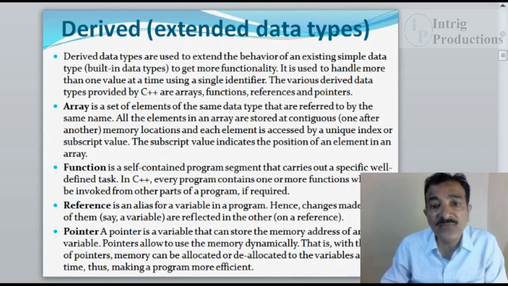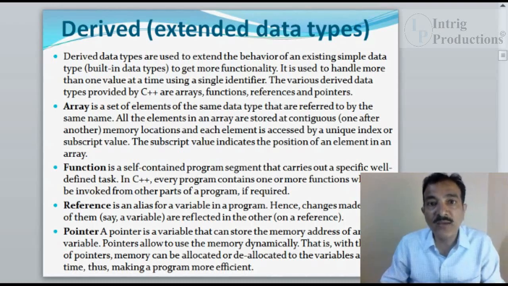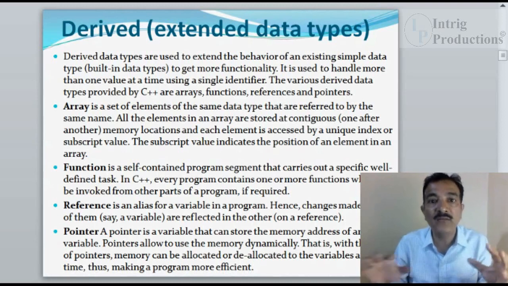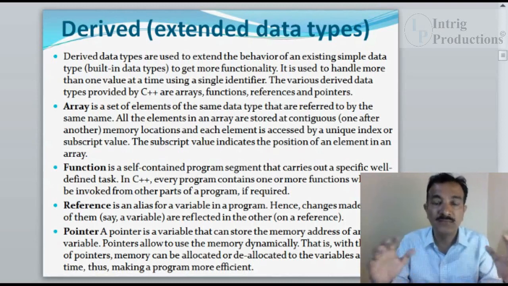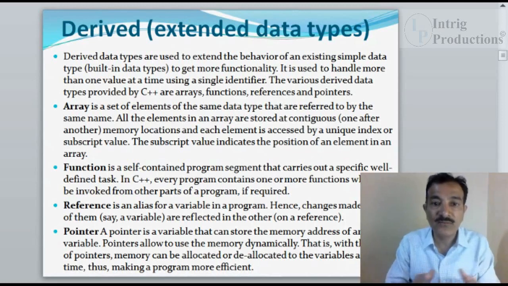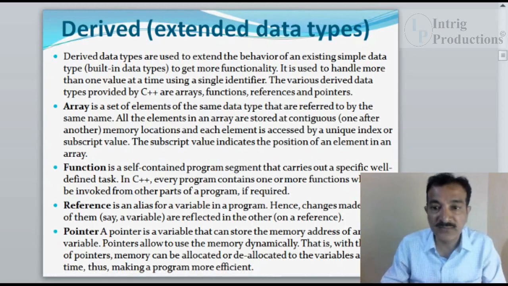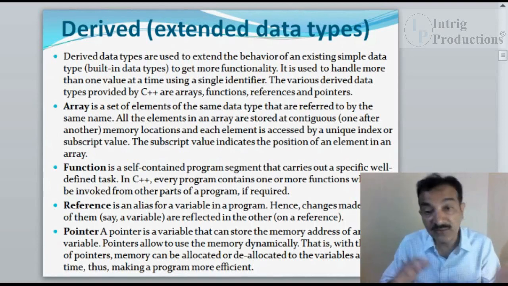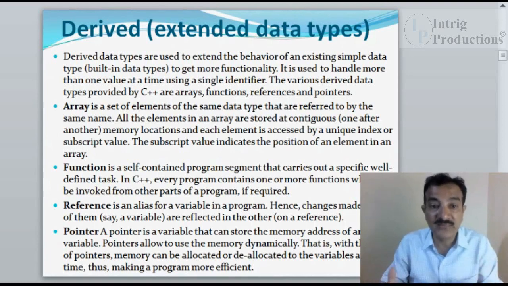Now an array is a set of elements of the same data type. If you have an array of integers, then you can have a set of integers. If you have an array of 10 subscripts, then it can hold 10 different integer values.